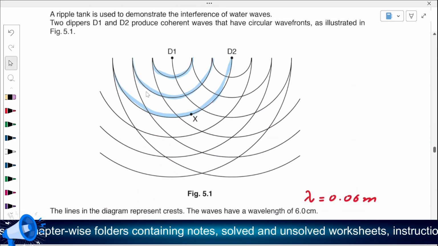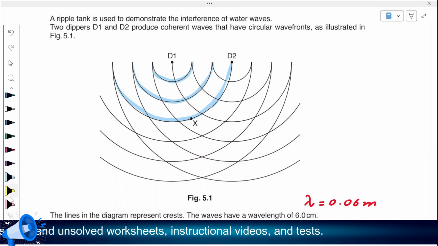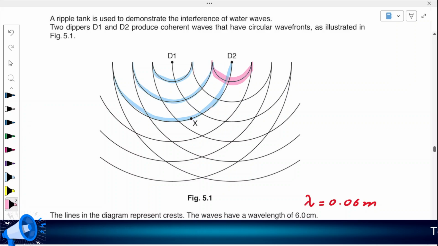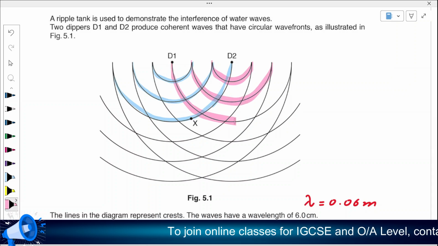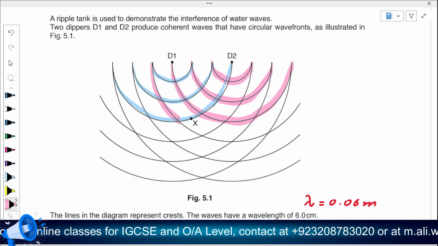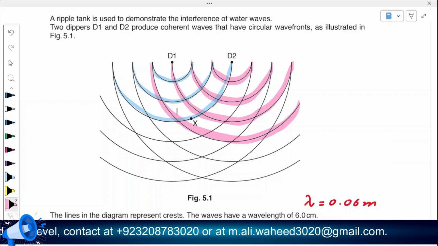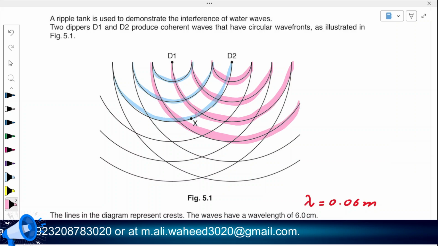Now let's take a look at how far the point X is, not from the source D1, rather from the source D2. So lambda, 2 lambda, 3 lambda, 4 lambda, and it is in the middle of the third and the fourth lambda.